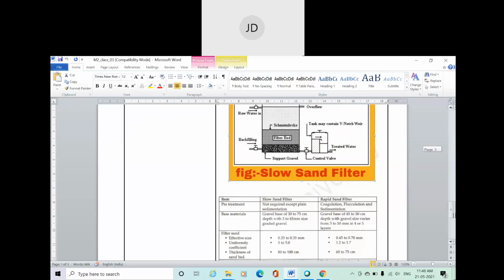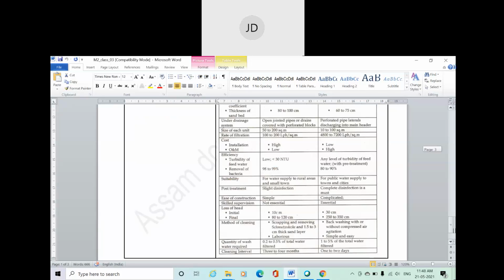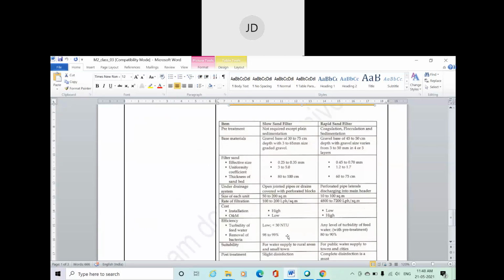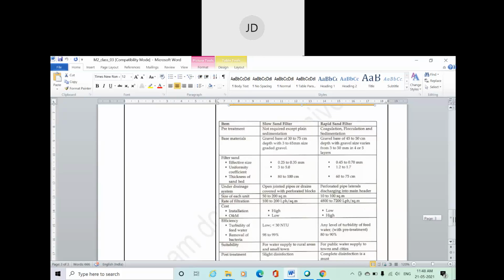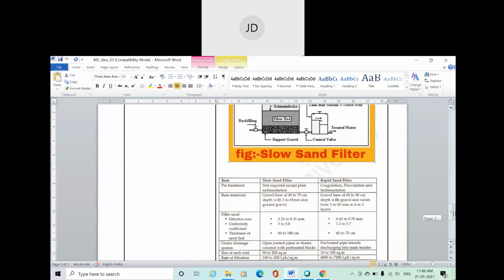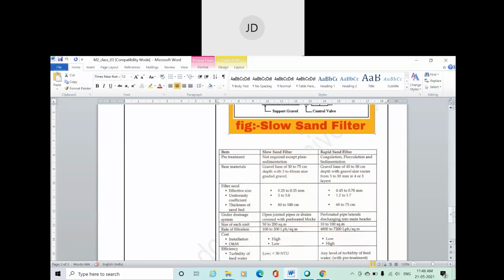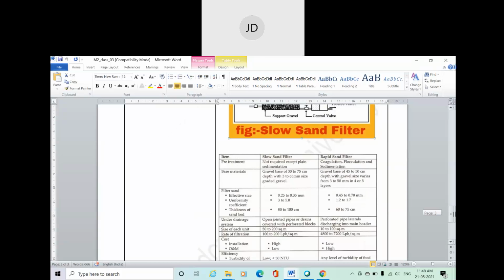The main comparison I have already mentioned, and in detail all these things are given here: comparison in terms of treatment efficiency, consumption area, and mechanism. You can go through this table to understand the comparative study of Sloshing and repetition filter.